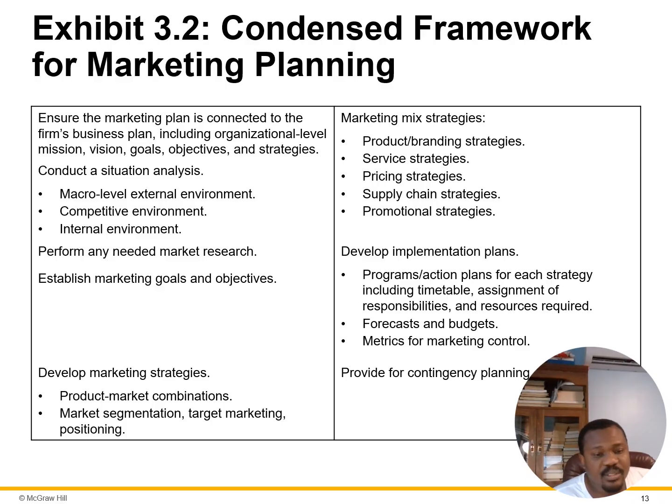In developing the marketing strategy, we look at the product market combination, market segmentation, target marketing, and positioning. Then we look at the marketing mix strategies. With that, we look at the price, the service, the product branding, supply chain strategy, and the promotion strategy, and then we develop implementation plans.